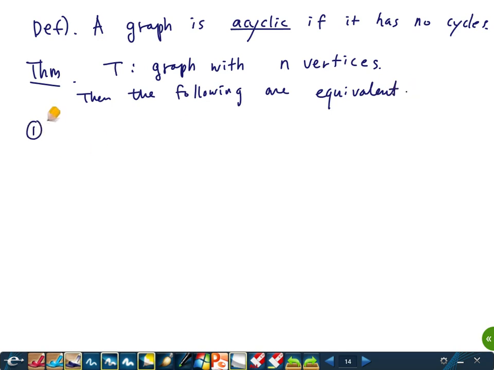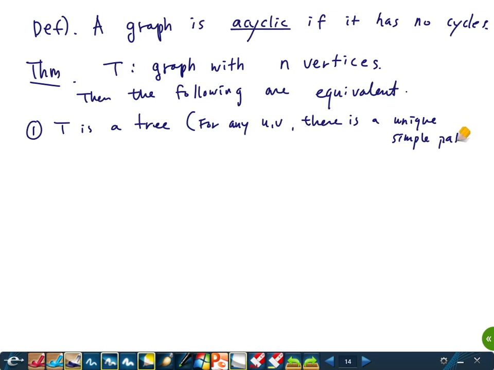First, T is a tree, or in other words, the definition of a tree: for any u and v, there is a unique simple path between u and v. This is the definition of a tree that we use.